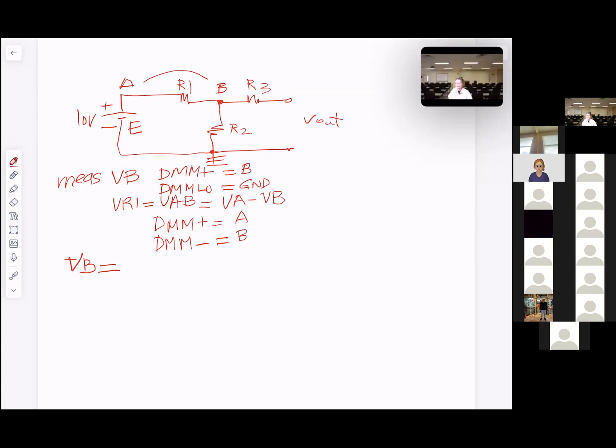E times R2. Then what? Somebody said the current times R2 is the drop over R2, which is VB. I say I want to calculate VB.